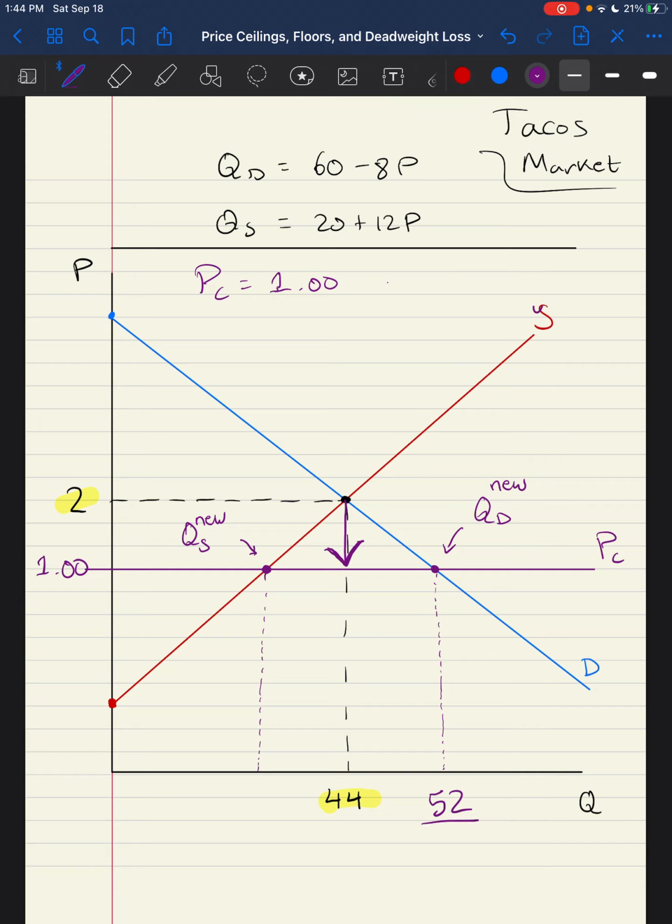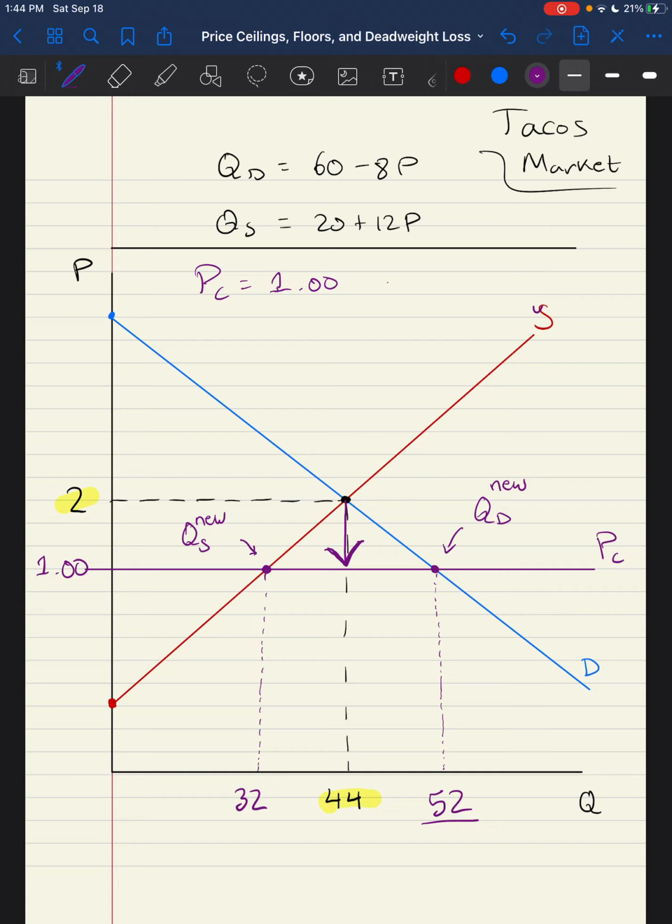And when we do that for our quantity supplied, we get 32. Now notice what happens. 52 consumers want tacos, and at a price of $1, only 32 suppliers of tacos remain. Before we had 44, but now only 32 of them remain because the price has fallen.